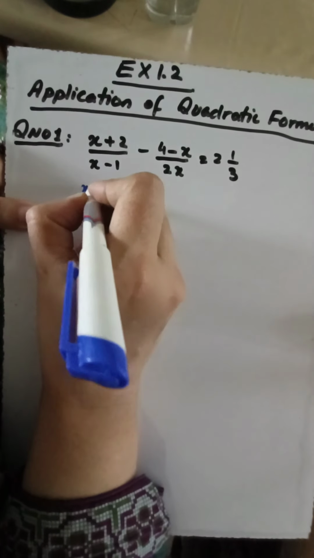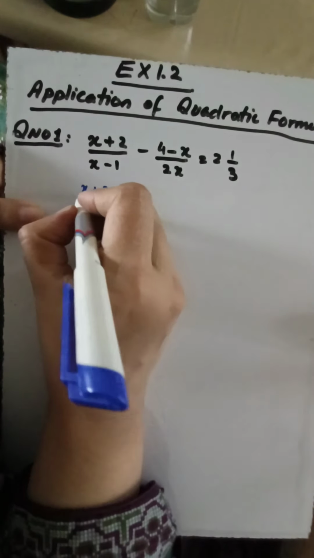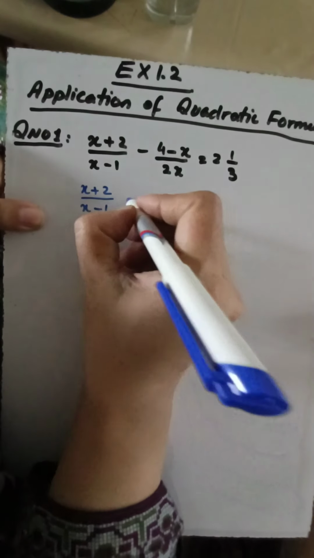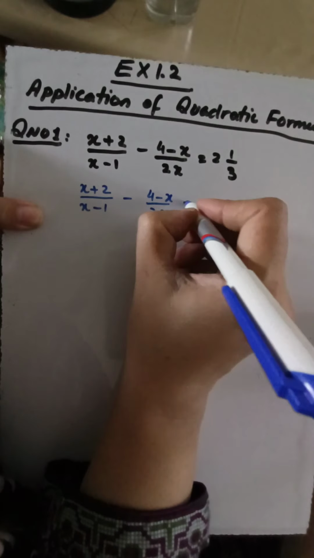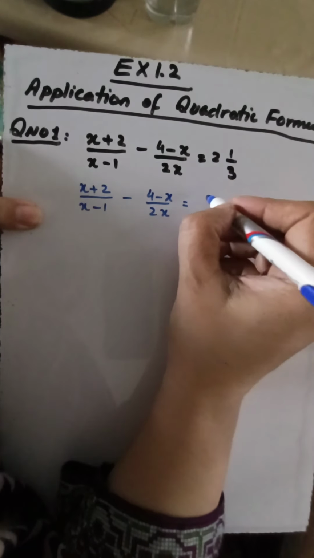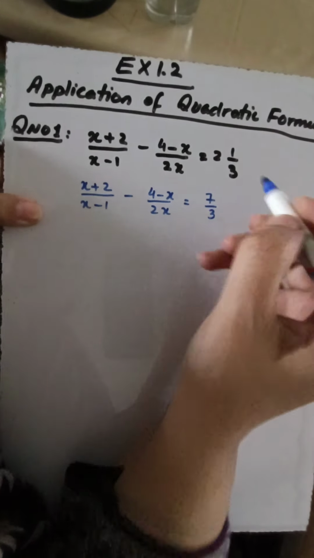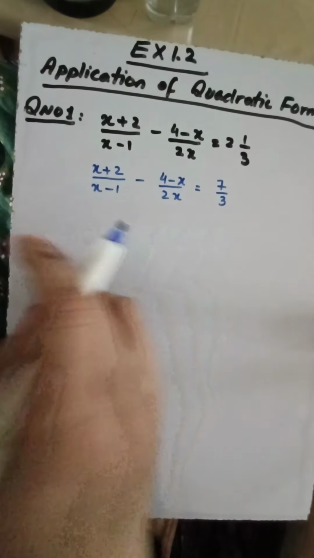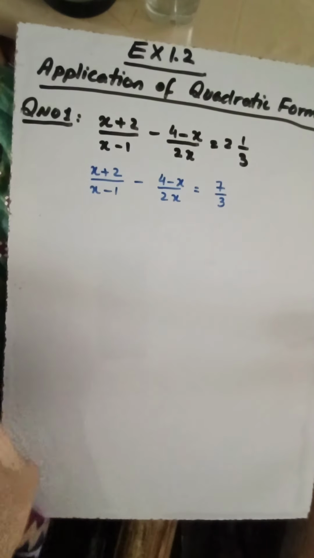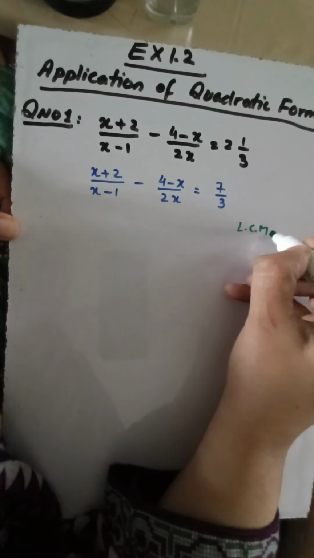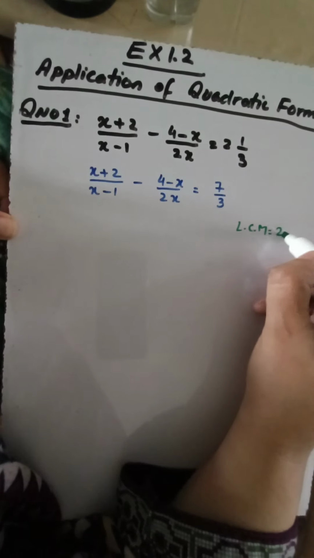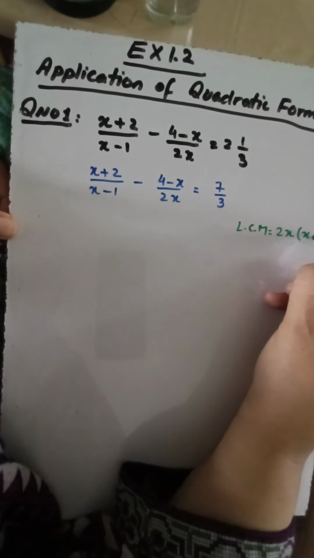So (x plus 2) over (x minus 1) minus (4 minus x) over 2x is equal to 2 3s are 6 plus 1, that will be 7 by 3. In order to take the LCM of these two, as we have already learned in class 9, the LCM will be 2x into (x minus 1).